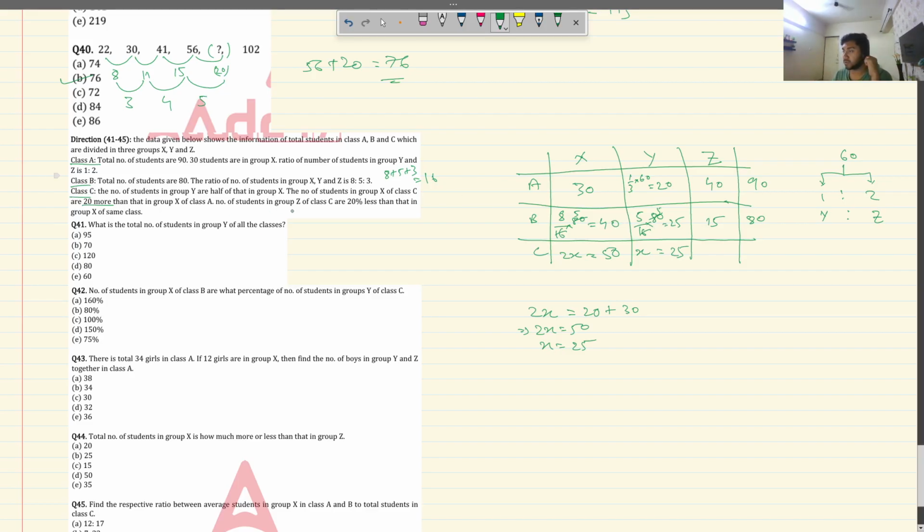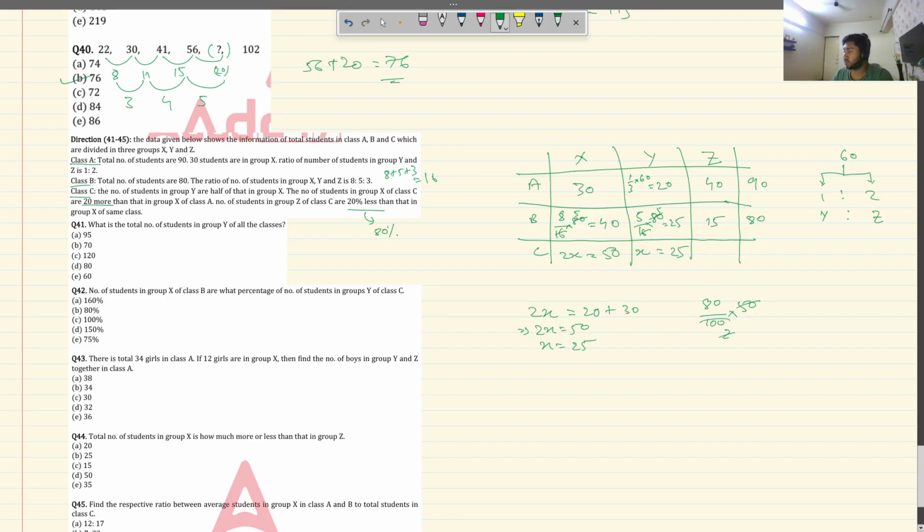So here we have 50 students, here we have 25 students. Number of students in group Z of class C are 20% less than that in group X of the same class. So 20% less means 80% is remaining of that in group X of the same class, class C, group X of 50.